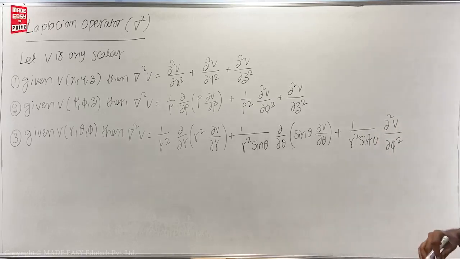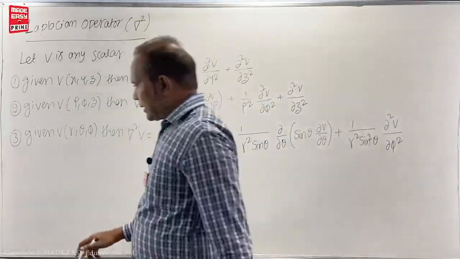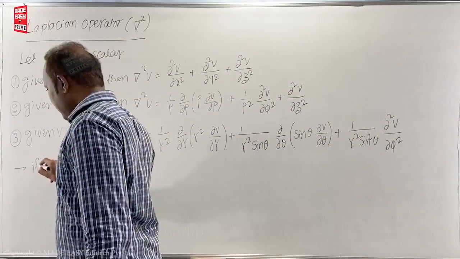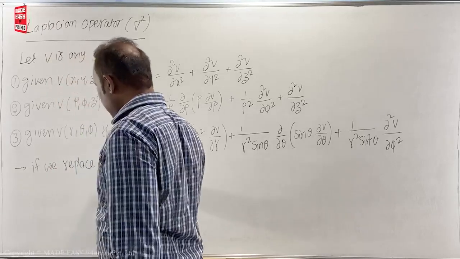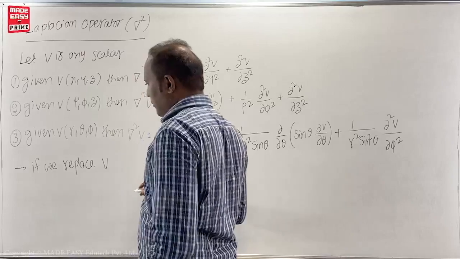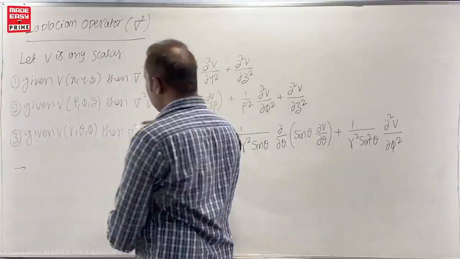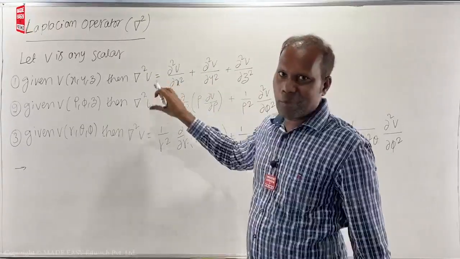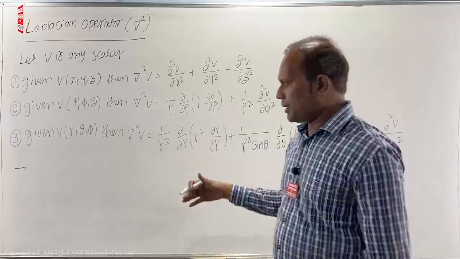So these are the formulas of the Laplacian operator in the 3 coordinate systems. In these formulas, if you replace V with A bar, then you get the formulas of del square A bar in the 3 coordinate systems.